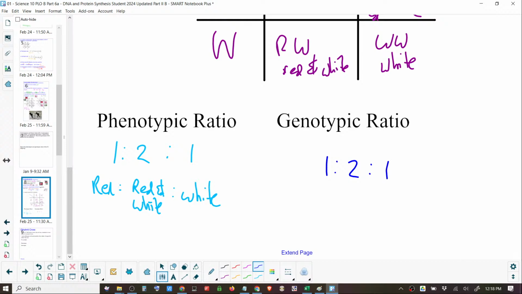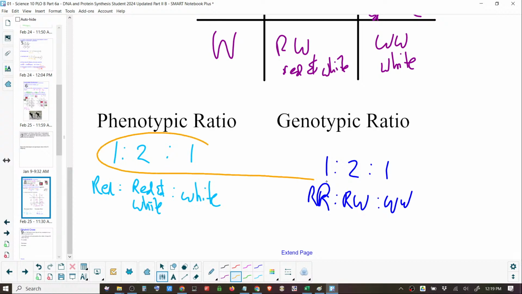Wouldn't it be capital R? It would be capital R, just seeing if you're paying attention. RR, RW, and WW. Excellent. For both codominance and incomplete dominance, you see the difference for the heterozygous. They will end up being the same.